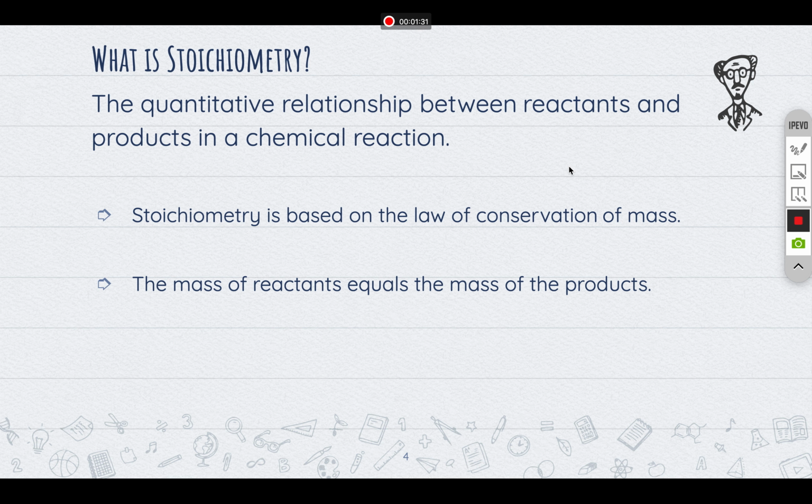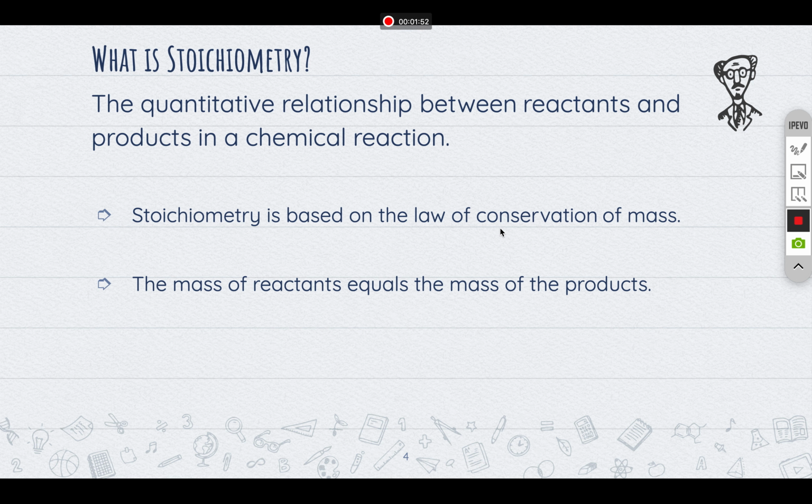Okay, so this is actually a concept that you use pretty often. You might not know that you're using it, but you are using it often in real life. Like if you need to make 2 cakes, then you know that you need to go get ingredients for 2 cakes. All right, so you're relating the amount of products and reactants.